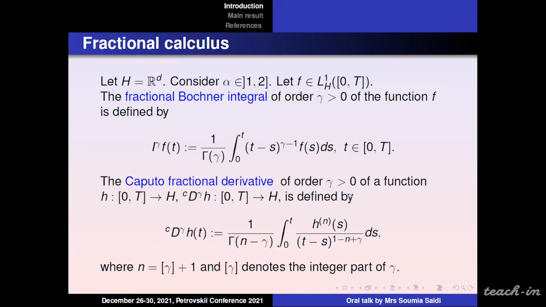We recall some needed results in fractional calculus. For a constant gamma in the interval (1,2) and an integrable function f, we recall the fractional Bochner integral of order gamma of the function f, defined by this formula for each t in the interval [0,T]. We also recall the definition of the Caputo fractional derivative of order gamma of a function h, denoted CD^gamma h, and defined by this expression, where n is the integer part of gamma.